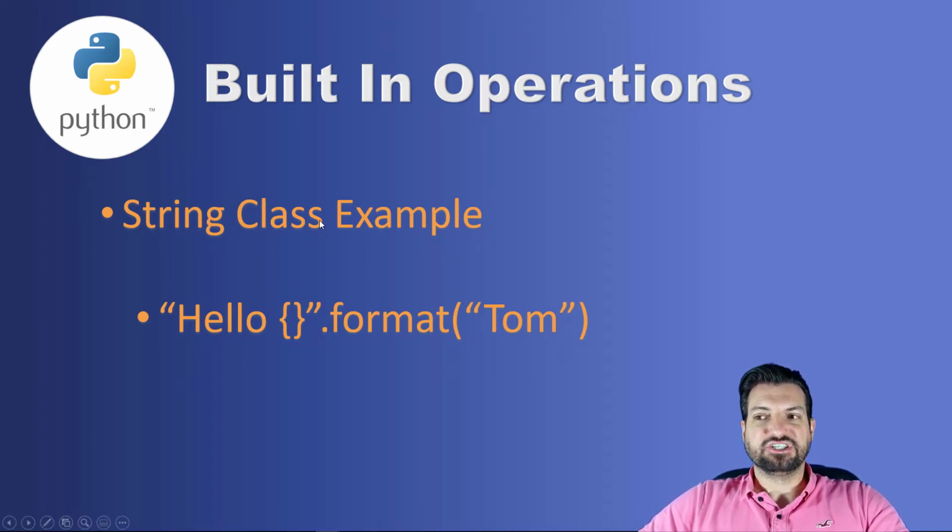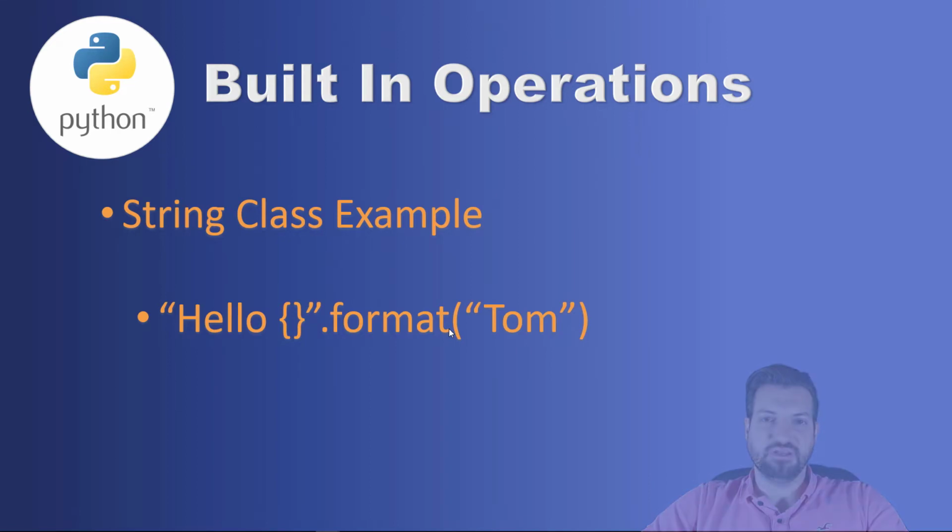This is the string class using the method format in order to accomplish something with the string. So even though we didn't know we've been using instantiation or classes or objects before, we have been this entire time. They've just been built in kind of under the hood Python objects that we've been using.